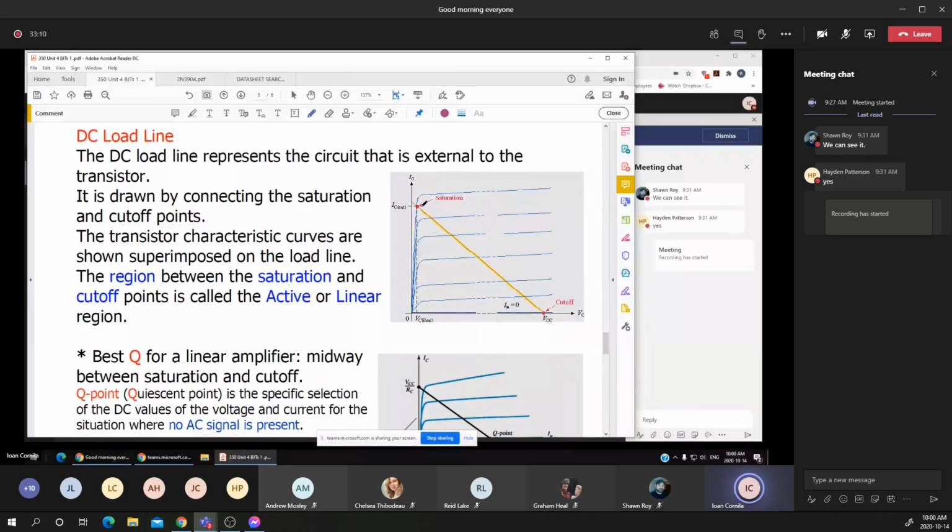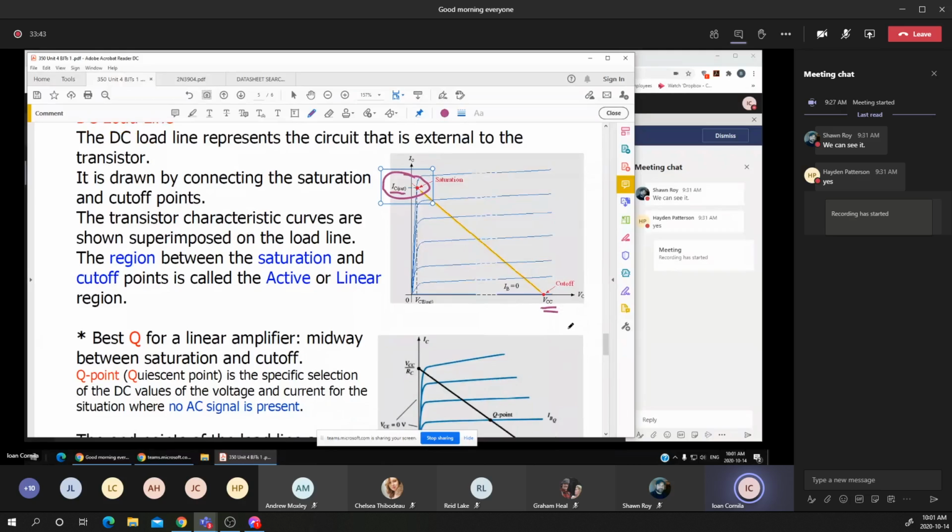Now, the load line has two limits: the intercept with the y-axis, which is given by the saturation current, and the intercept with the x-axis, which is the cutoff region. We just determined that if there is no collector current, the maximum collector-emitter voltage is equal to VCC, and that's the approximation that we can make.